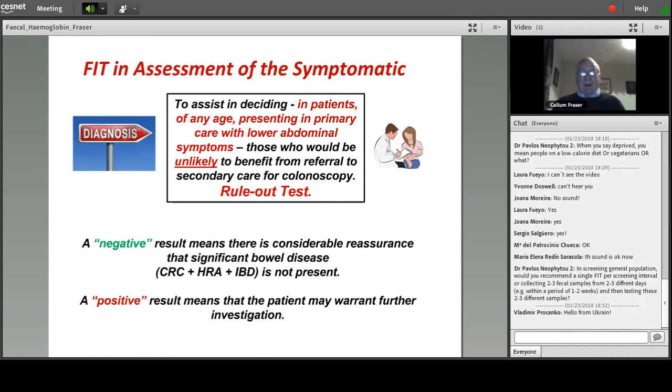So it's a rule-out test. So a negative result is probably more important than a positive result. It means there's considerable reassurance that significant bowel disease is not present, is absent. Whereas a positive result means that the patient may and probably should undergo further investigation, usually colonoscopy.